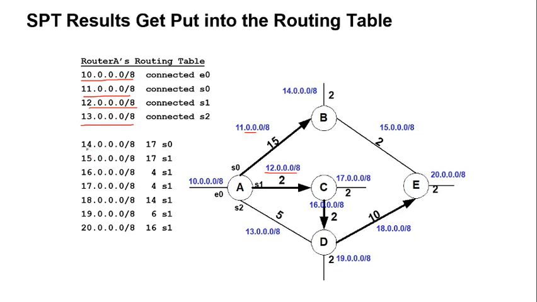If you want your destination to be 14.0, which means your destination is this, you will be having a cost of 15 plus 2, that is 17, and your interface A will send the packet onto S0.